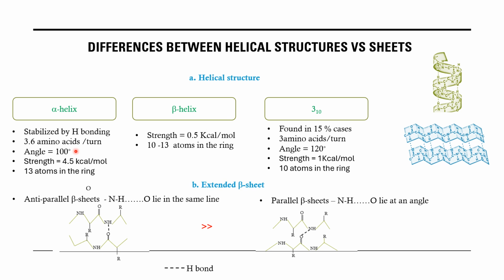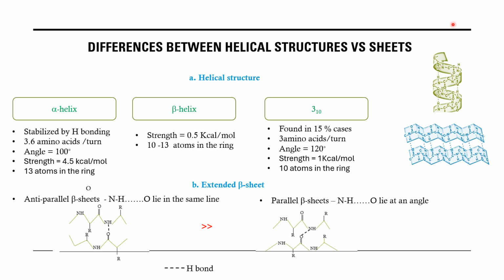There is an amino acid called proline, which is called a structure breaker, that is, a helical structure breaker. This amino acid has a ring structure which does not facilitate the free rotation of the phi bond. As a result, it does not aid in formation of the helix.